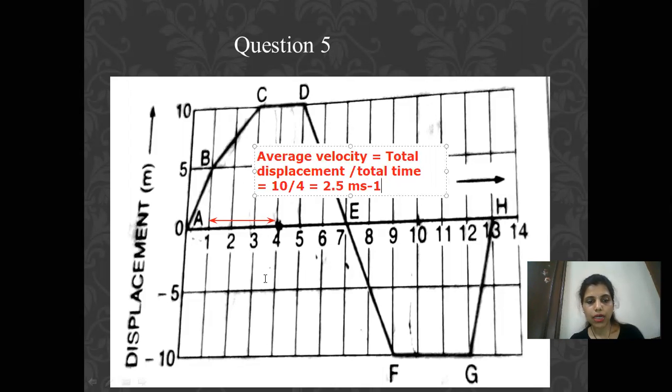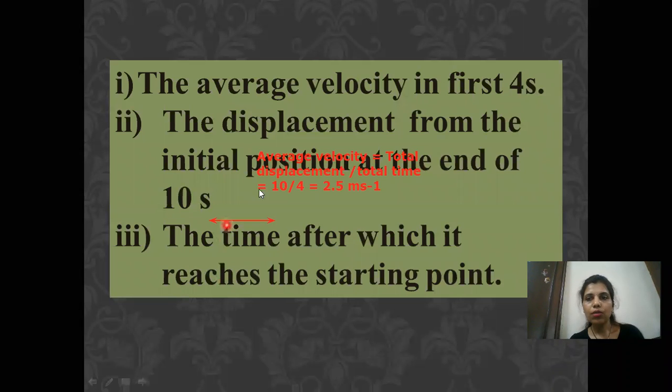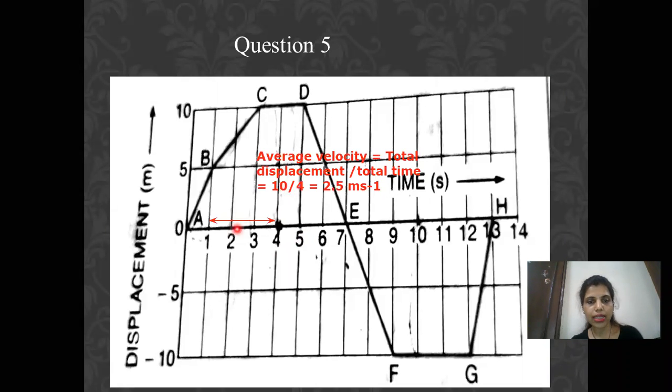Now in the next part of the question, they have said the displacement from the initial position at the end of 10 seconds. So, displacement from the initial position at the end of 10 seconds. Here you can see the body traveled till 10 meter.